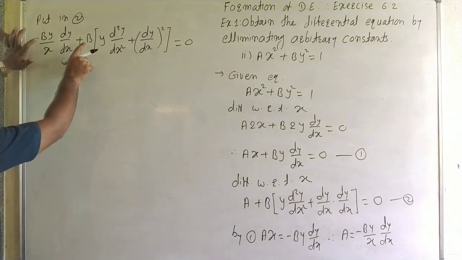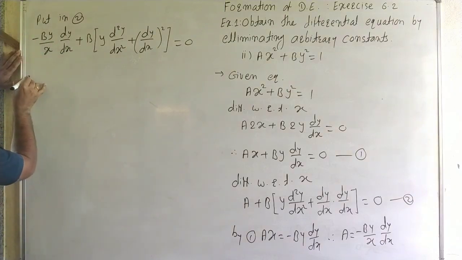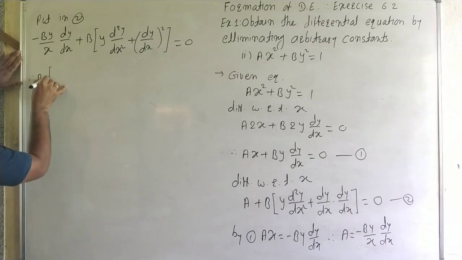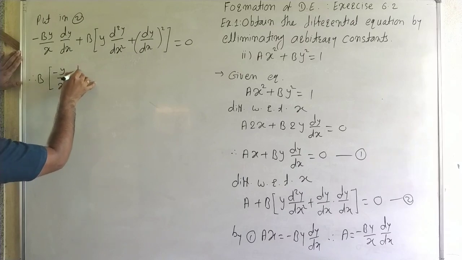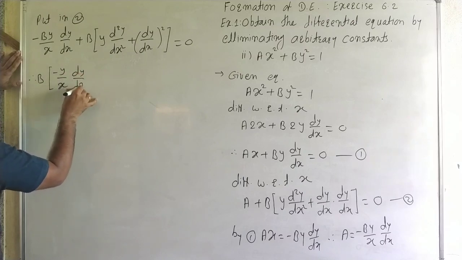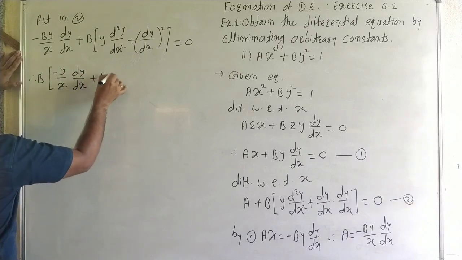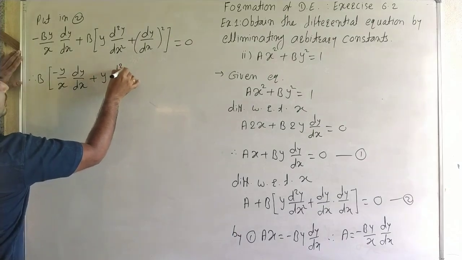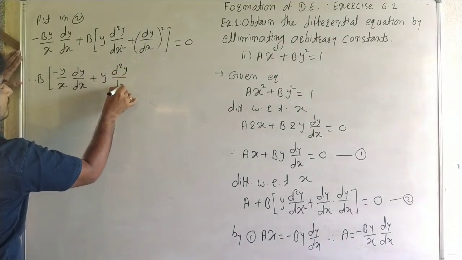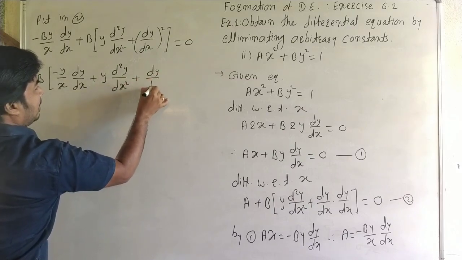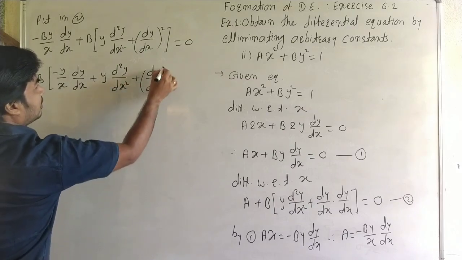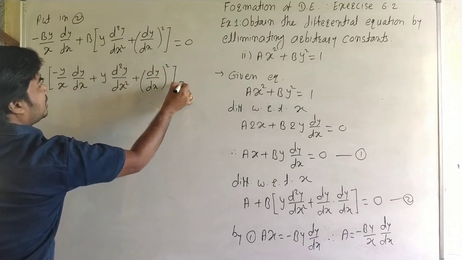Now again here b, take b common. Therefore b into minus y by x dy by dx plus y d2y by dx2 plus dy by dx whole square is equal to 0.